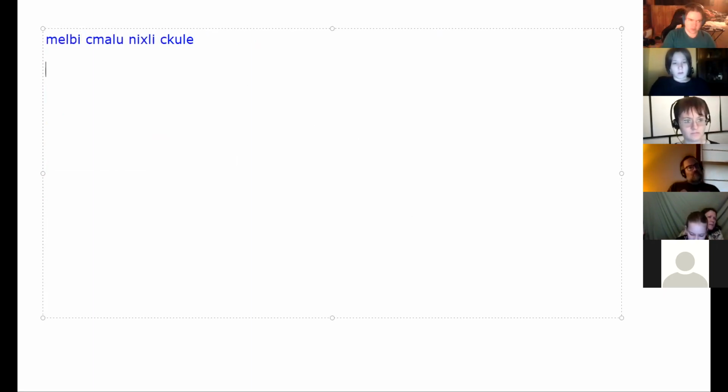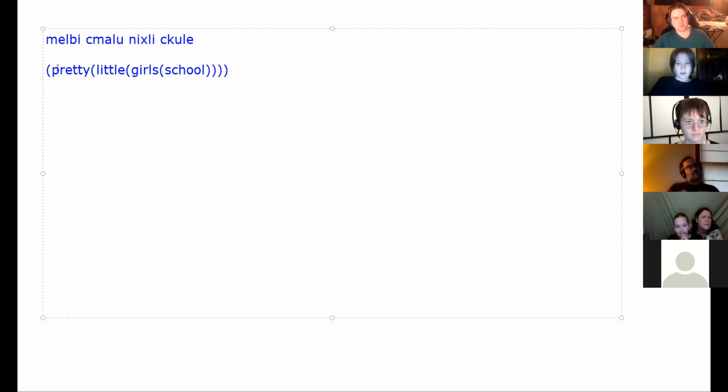What this is doing with left grouping is it's saying this is a pretty little, singular or plural, school. So it's a pretty type of girls type of school.